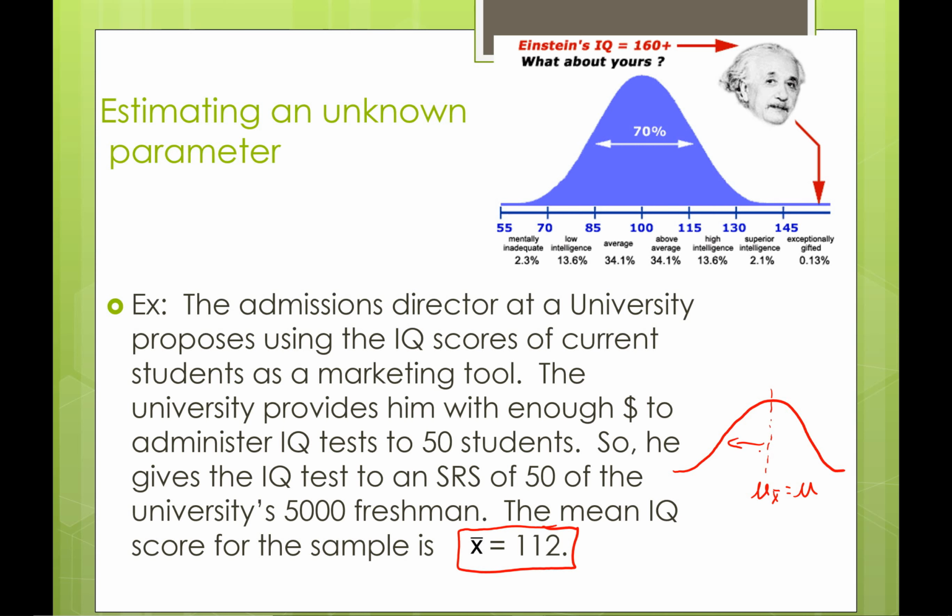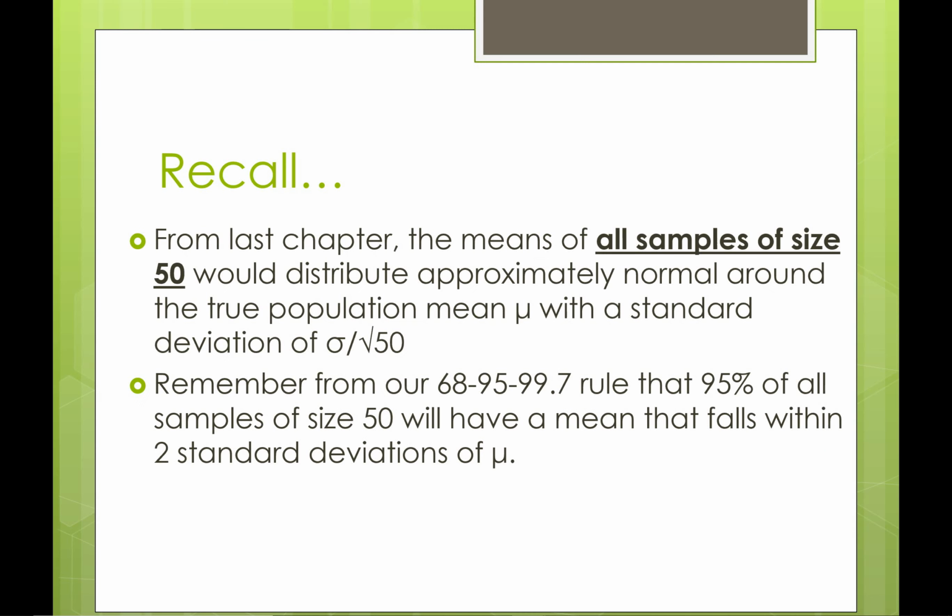And the standard deviation would be the population standard deviation divided by the square root of the sample size, plus or minus. And it would be approximately normal. So we're going to use this information to give ourselves a range where the population mean could fall.